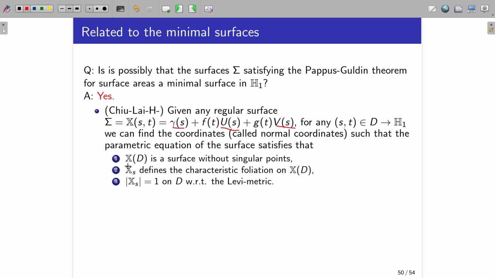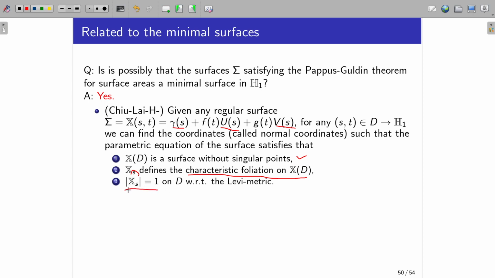The first one is the surface without singular point, so we can have the result like this. And the partial derivative along the s direction defines the characteristic foliation, the one-dimensional foliation on the image. Okay, and also the surface is the curve.